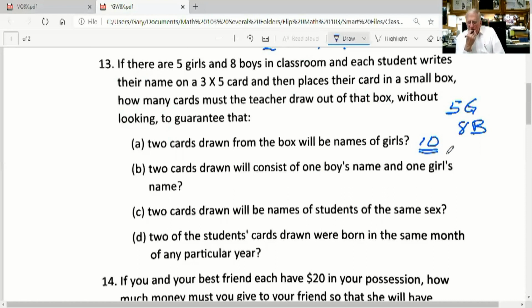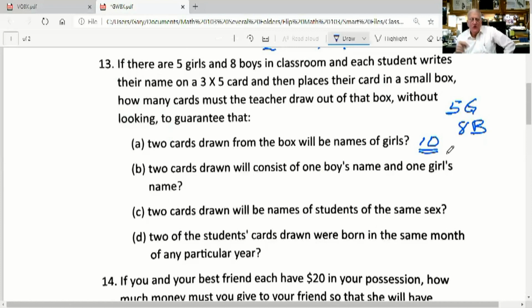How many cards would she have to draw out so it'll consist of 1 boy's name and 1 girl's name? Well, this is crazy again, right?